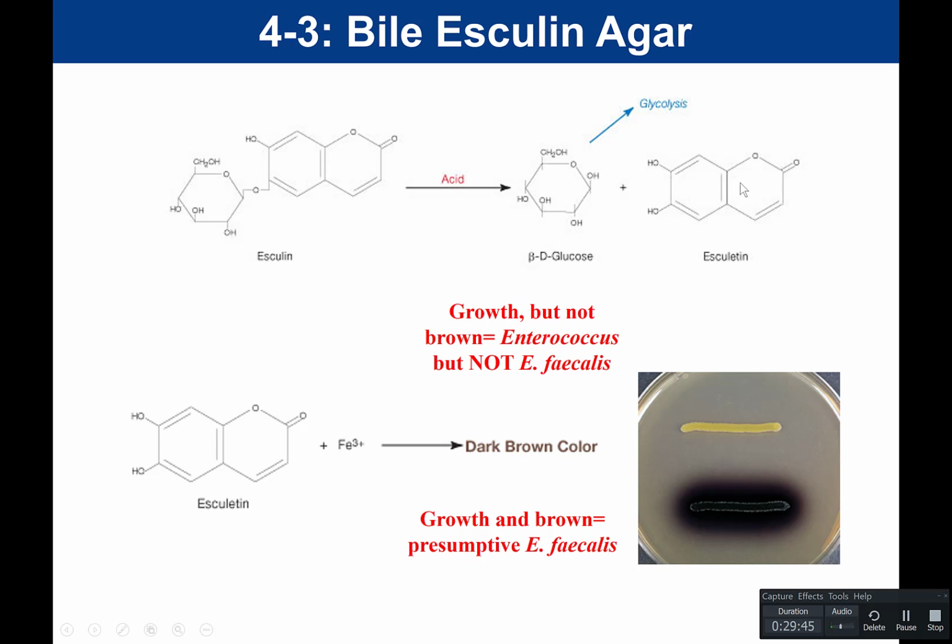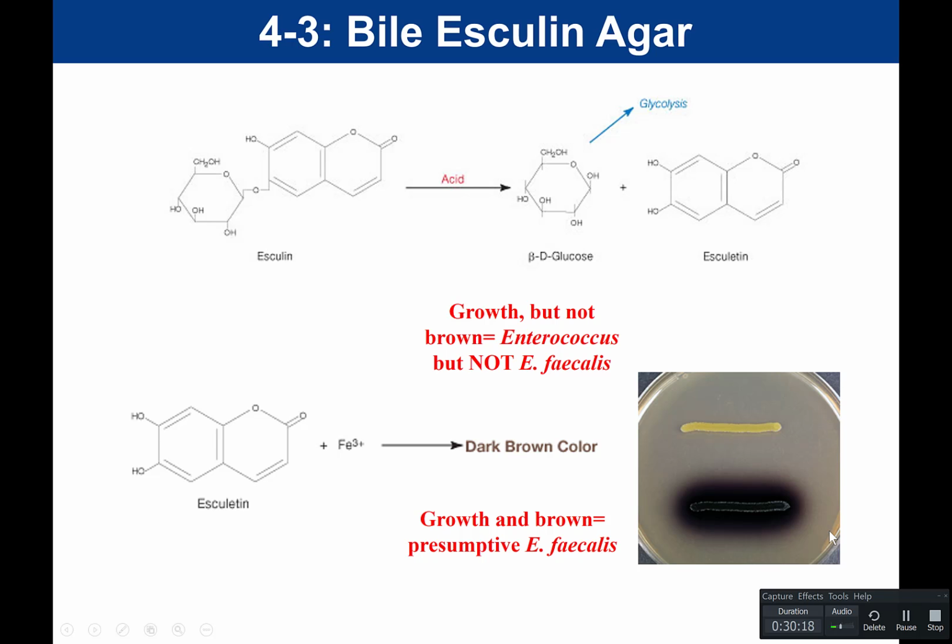And this esculetin is what is going to react with the ferric citrate in the media, and it causes that dark brown color. So if we see growth on bile esculin agar, but it's not brown, so growth but not brown, it must be an Enterococcus because it's the only type of bacteria that can grow, but it's not E. faecalis. That's what that tells us.